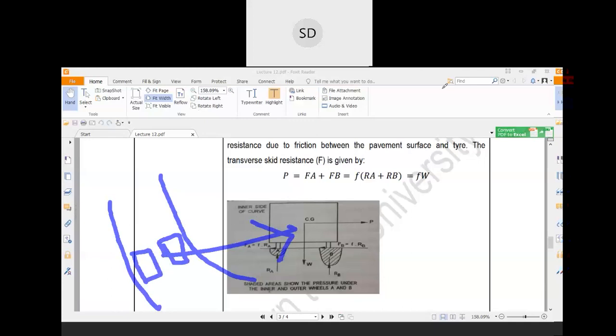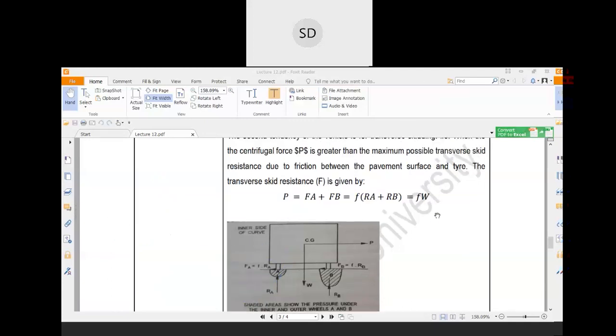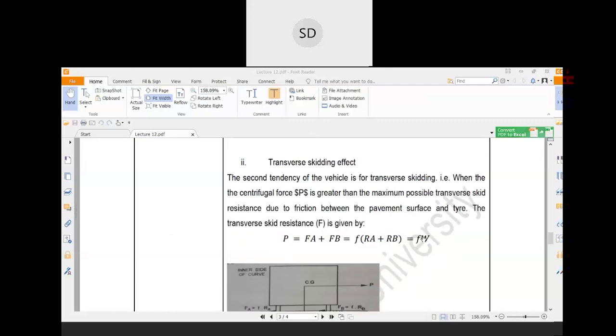That is also caused by the centrifugal force acting in the outward direction.